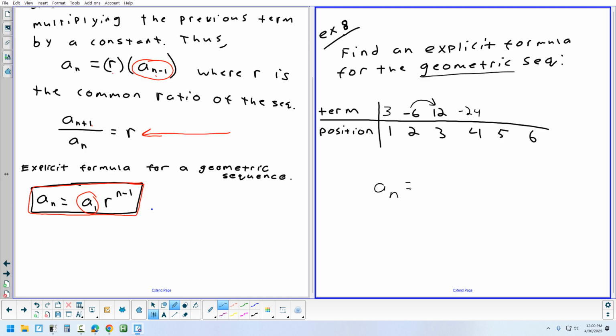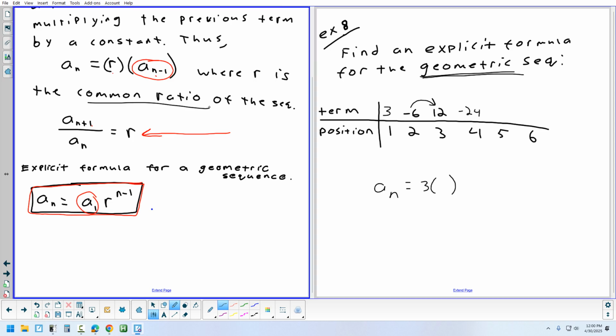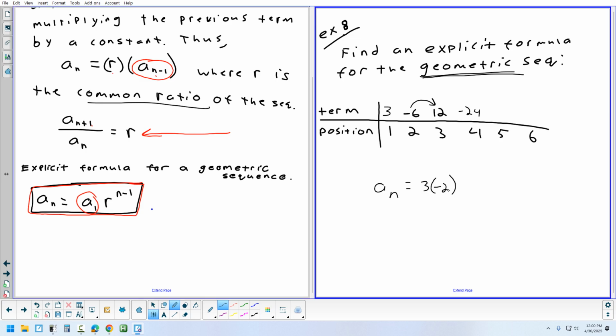Okay. What comes right after the equal sign in a geometric sequence? 3, which is the first term. And r is what you multiply by each time. So negative 2. And then n minus 1. Let's check it. If we plug in a 3, we should get a 12.